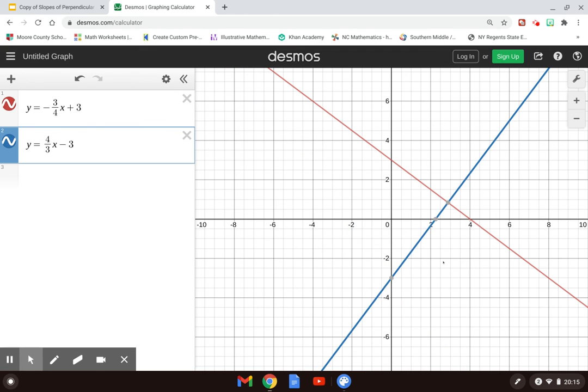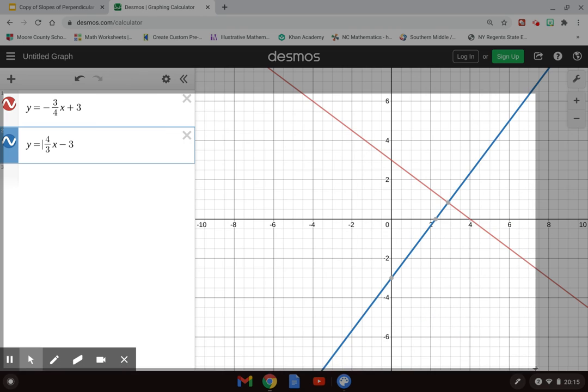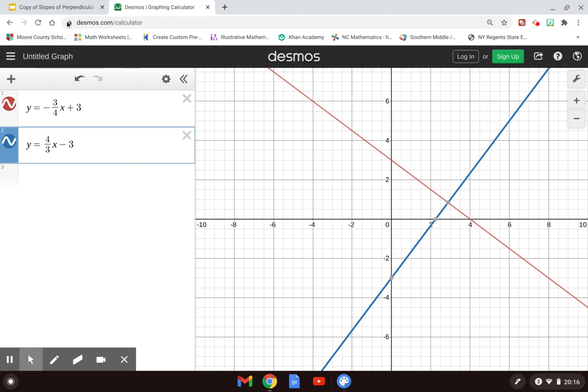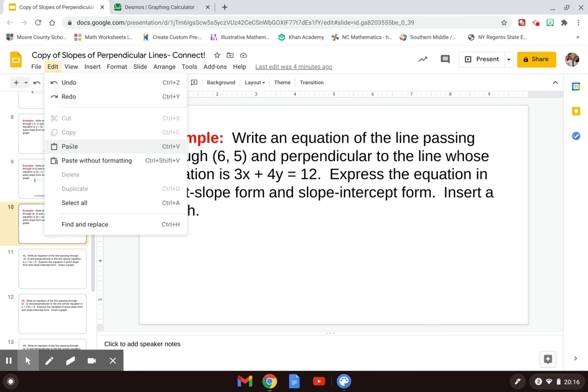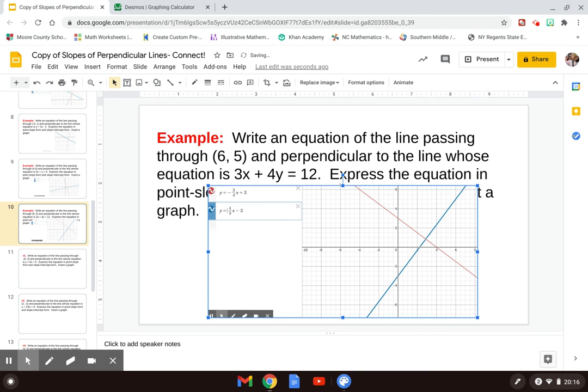There we go. Okay, so I have the perpendicular lines, and let's look for the point (6, 5). So over 6, up 5, there we go. So that line does pass through (6, 5). All right, so here you go.